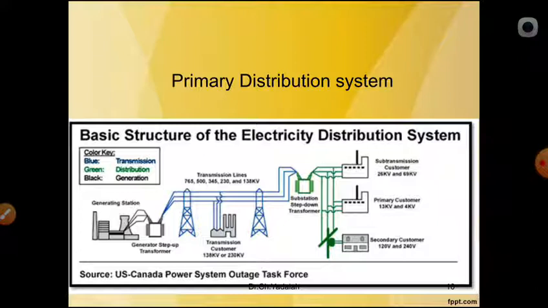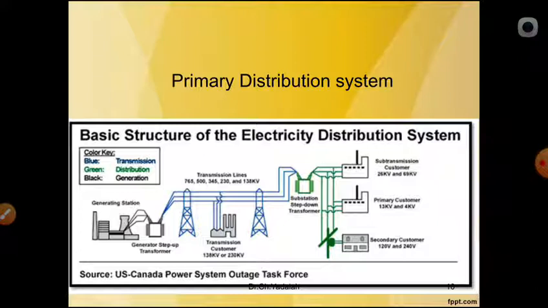Here the required voltage is the sub transmission, where the customers will take 26 kV to 69 kV, in the first top figure. Next is another line for the primary customers, 13 kV to 4 kV, and after that again the secondary customers, 120 to 240 V, using single phase transformers, as we can observe here.